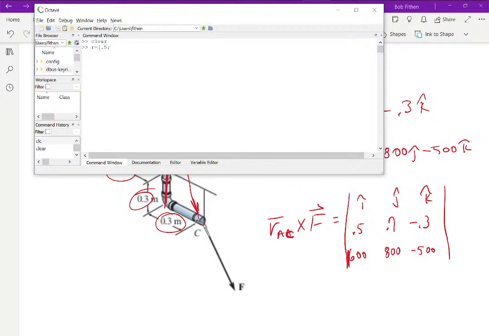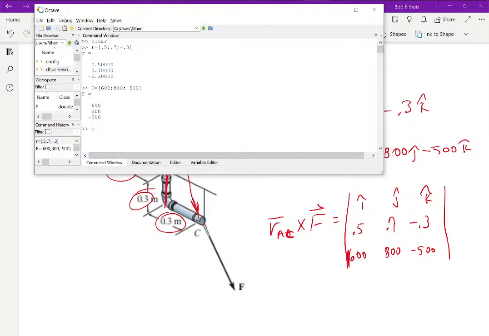I'm going to make them vertical. If I'm doing it vertical, I have to do that with the force too. The force is 600, 800, minus 500.